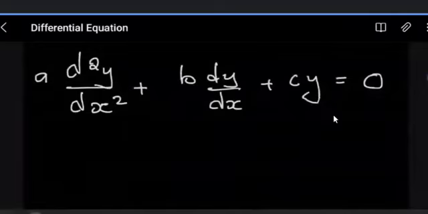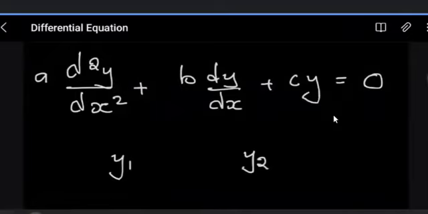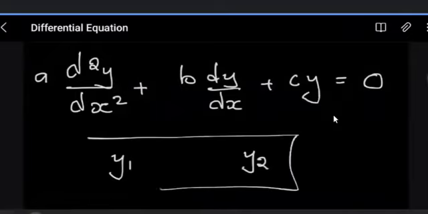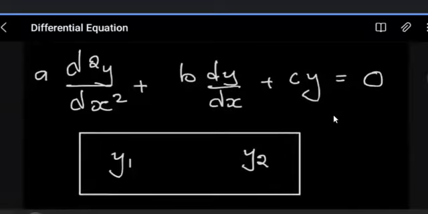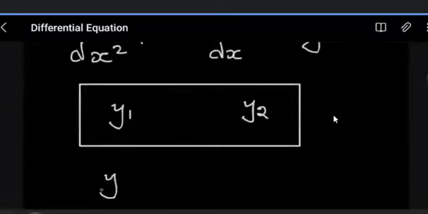But one thing I'd want you guys to keep in mind is that if you have a differential equation and it has a solution y1 and then it has another solution y2, in such a case where two solutions are provided, you have to understand that even their linear combination will also be a solution to the same differential equation.